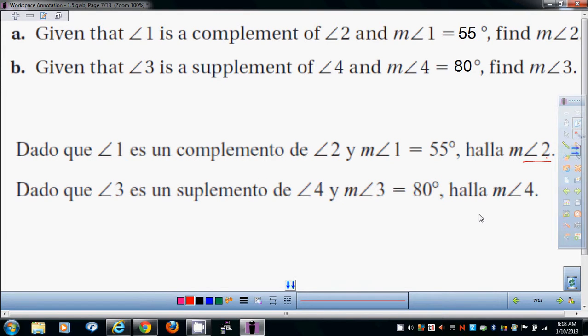Somebody else want to take a stab? Yes, sir. How did you get 35? Very good. Complement. 90 is what 55 plus this, I'll call it x, would equal. So x equals, or angle 2 equals 35 degrees.